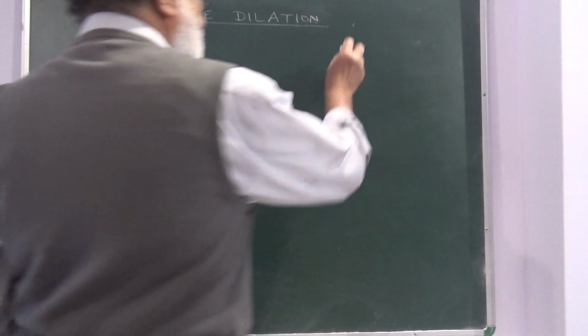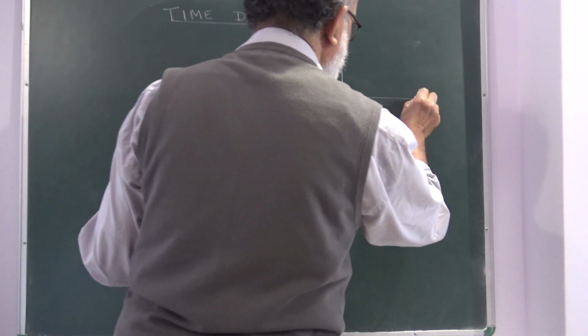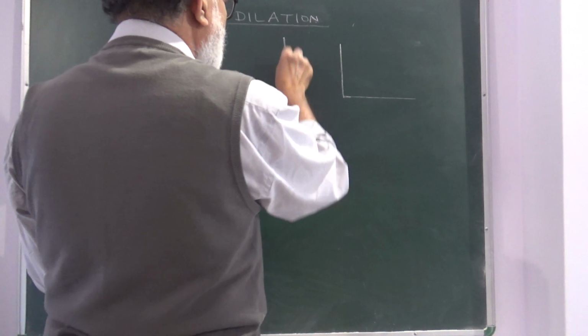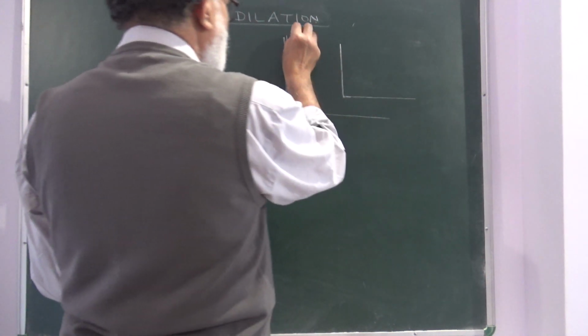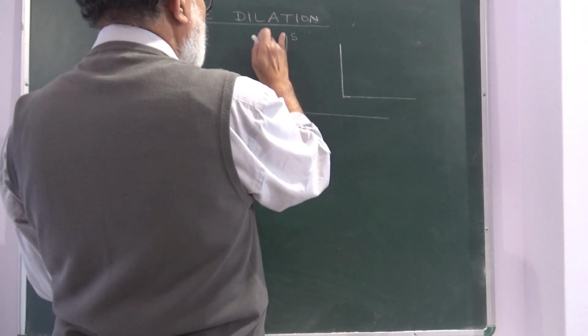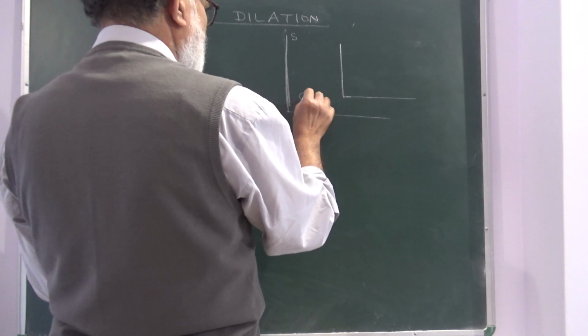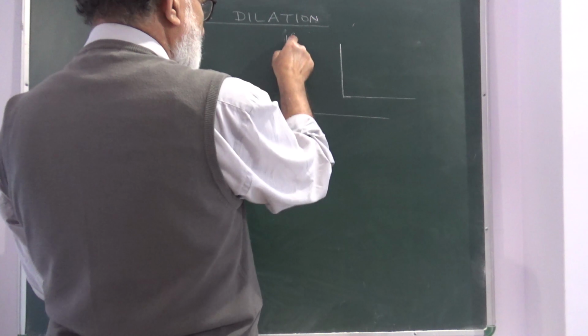Now again, suppose we have two reference frames. This is the S frame, in which the observer is sitting. The observer is placed in the S frame, and for him this is at rest.